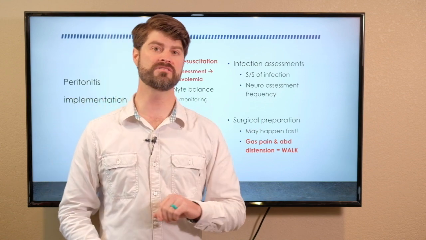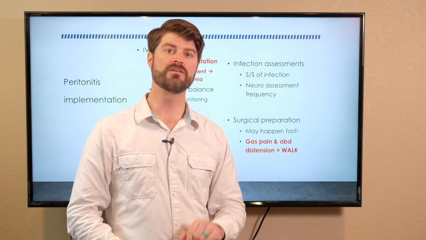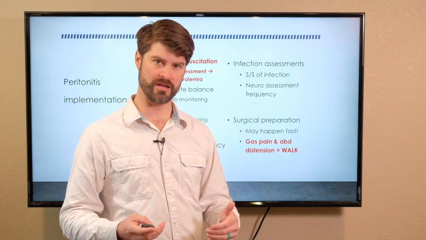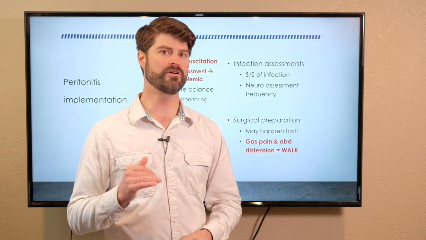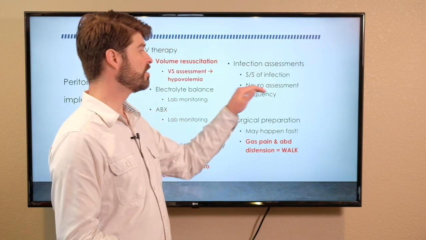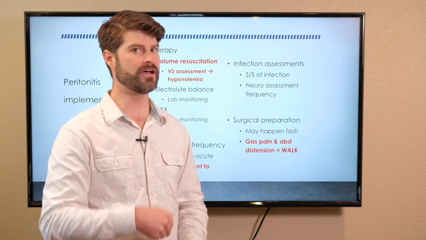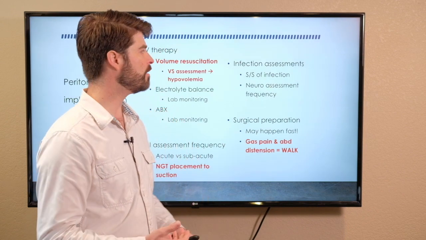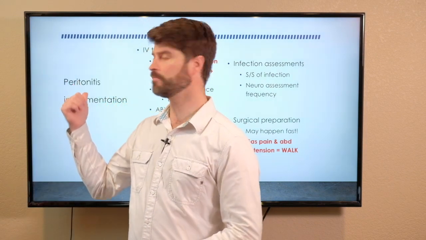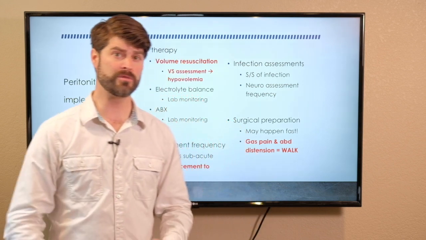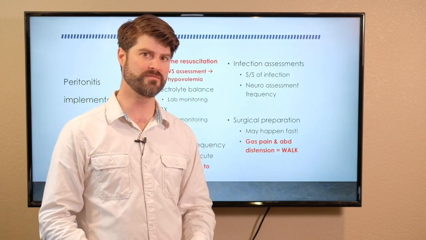Also, our neuro assessment is a big one, especially as patients advance in age. One of the things that happens very, very quickly is if they get an infection, their neuro status tends to decline pretty quickly. We see this definitely with peritonitis, but we also see it with much less severe infections and inflammations.